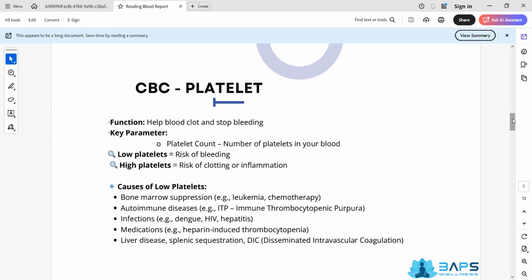So if the person is anemic, you see in the other case, hemoglobin is less and the other things are also less. In certain cases, production and everything is fine, there is no other problem, but there is some kind of internal hemorrhage, due to which continuous blood loss is there.